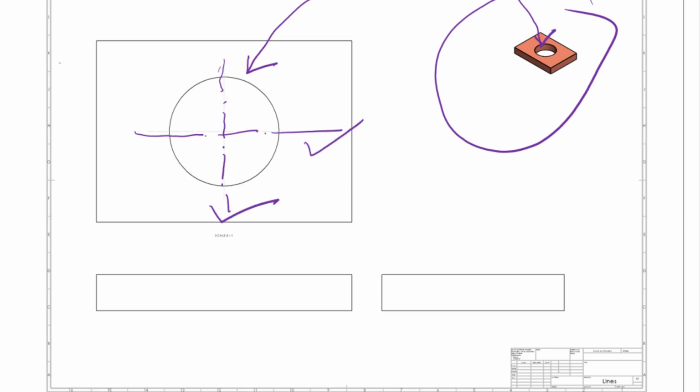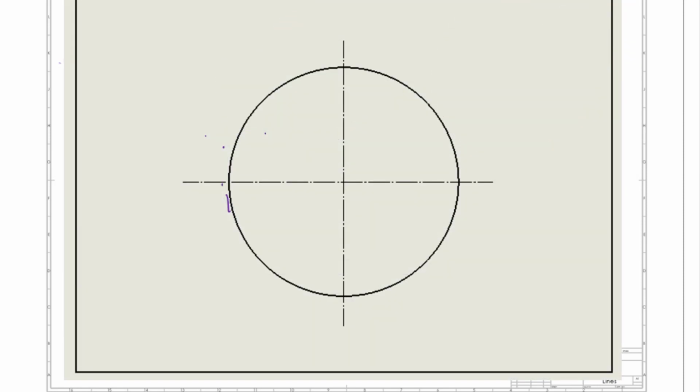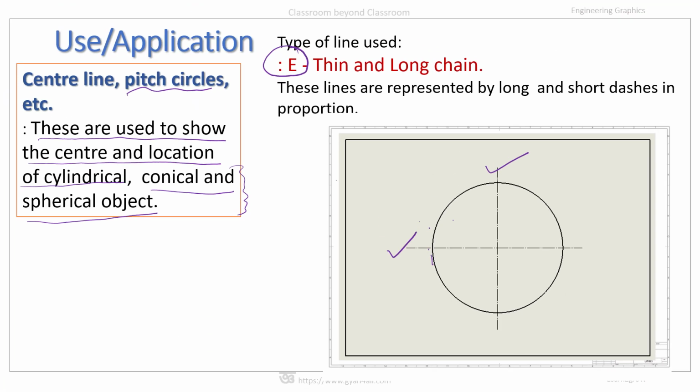For these two lines, we have to use the center line or pitch circle line or whatever we call. And for such lines, from this diagram we can see this is the center line and they are chain lines. So center lines are represented by E type of line, and those are thin and long chain. So E type lines will be used for center line or pitch circle line.